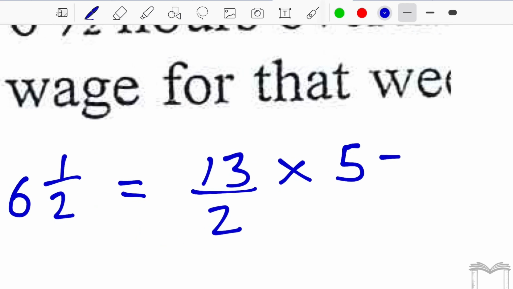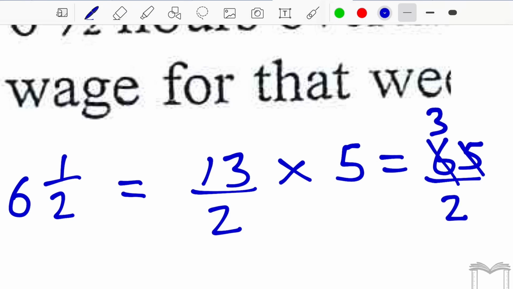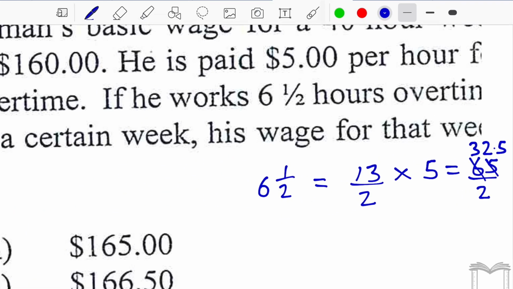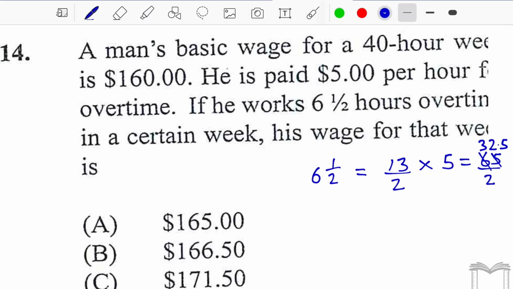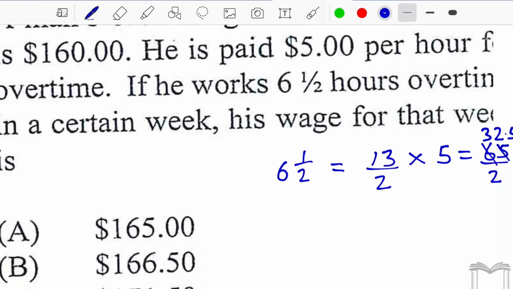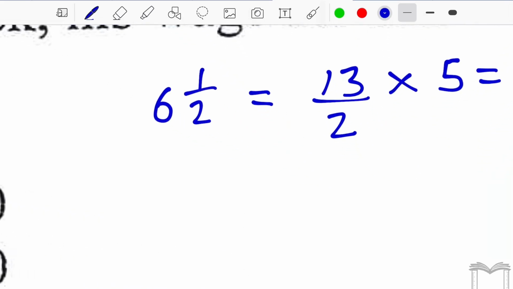So let's see, 13 times 5, that's 65. 65 divided by 2. 2 into 6 is 3, and 2 into 5 is 2.5. So the answer is $32.50. So he is working for $32.50 overtime.